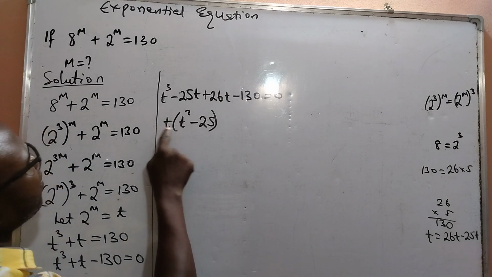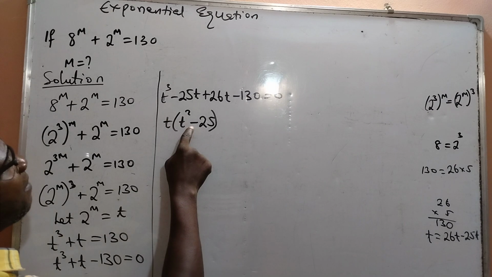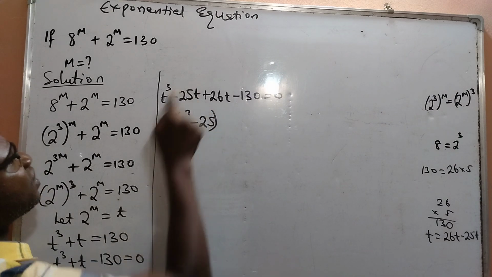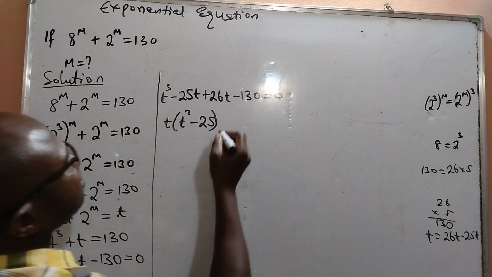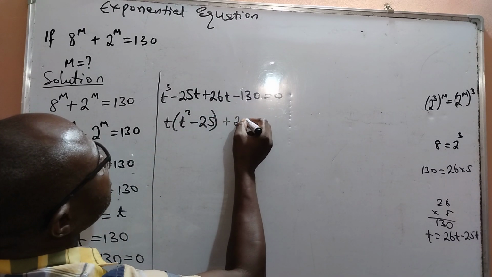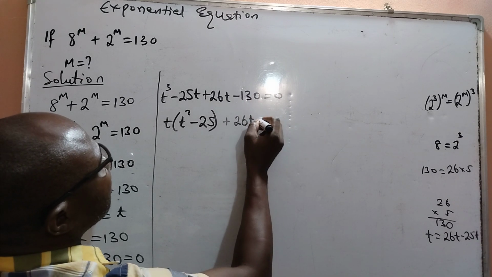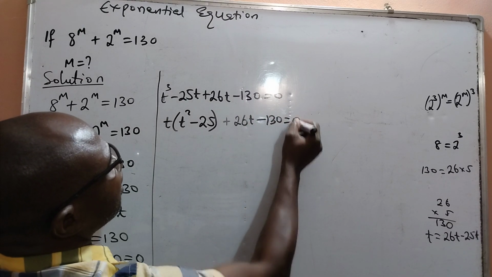What it means is that t multiplied by t squared will give me t raised to the power 3, and t multiplied by minus 25 will give me minus 25t. Then I have left plus 26t minus 130 equal to 0.